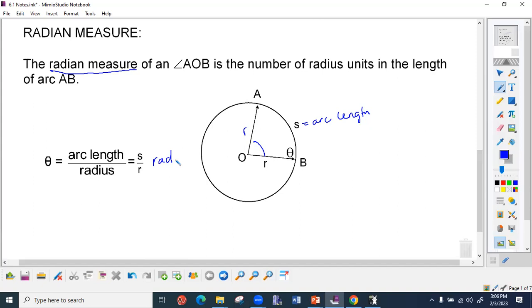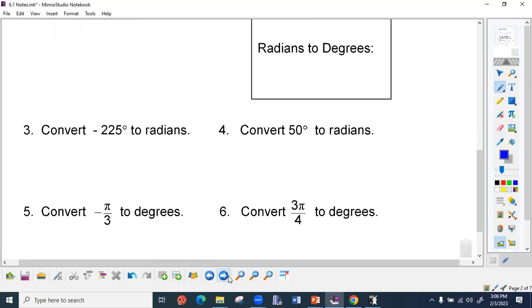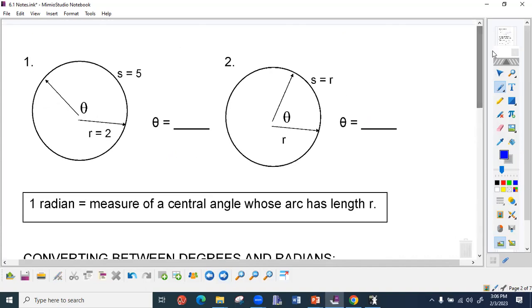Okay, so let's apply some numbers to this. Flip over. It's a little booklet, by the way, in case you haven't figured that out. Your notes are. We're going to look here at this circle. The lines got a little wonky, but I'm just going to draw a big old circle and act like they're connected.